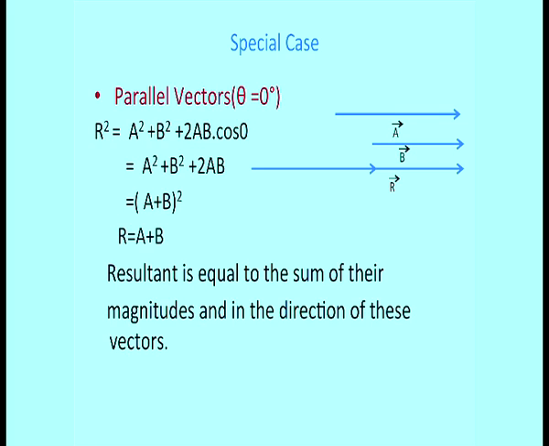So, this becomes A square plus B square plus 2AB cos 0, where cos 0 equal to 1. Hence, we can write R square equal to A square plus B square plus 2AB, which is equal to (A plus B) whole square. That means R equal to A plus B. So, if we calculate the resultant of two parallel vectors, then the resultant is equal to the sum of their magnitudes and the direction is that of the two vectors, A and B.